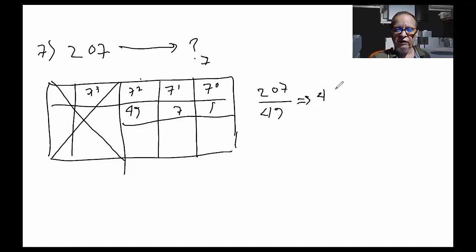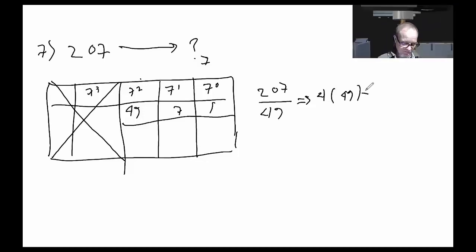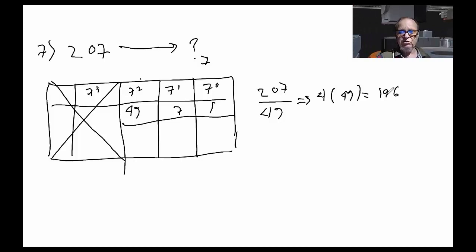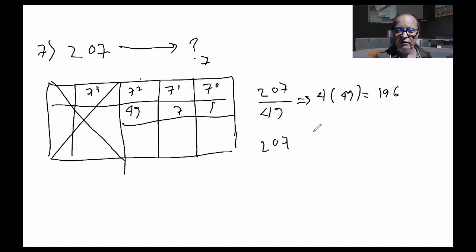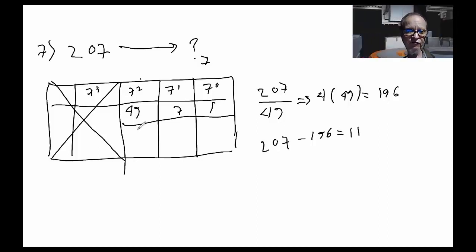But 4 times 49 gives us 196. So that means there's going to be a remainder here. So we take 207 minus 196, and we get 11. So here we'll have 4 with a remainder of 11.